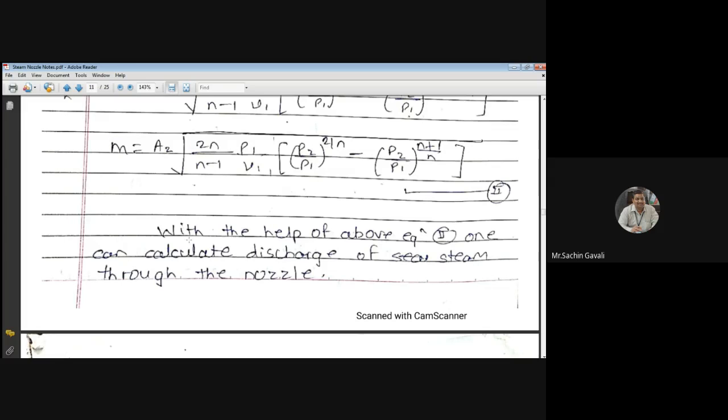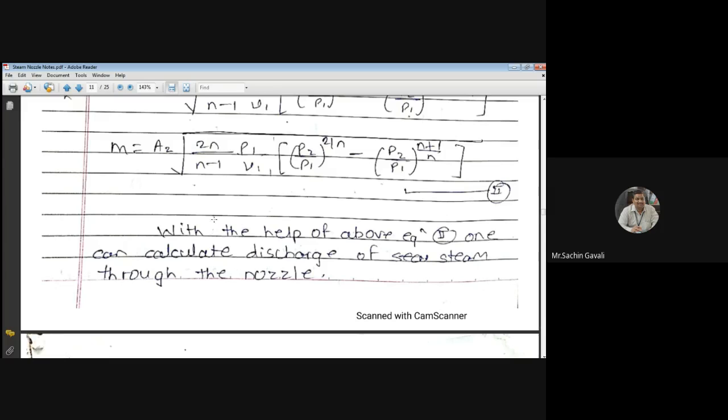But if you see the equation, what is A2? Area of nozzle at throat. So this will always be constant, so it will not have any variable effect on this M.